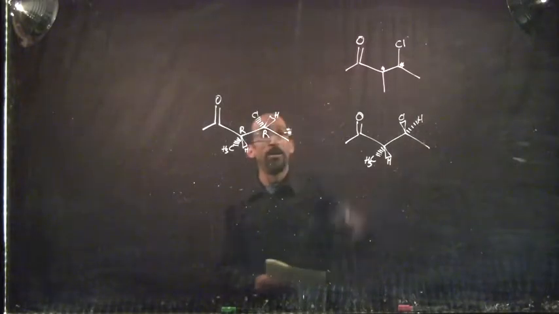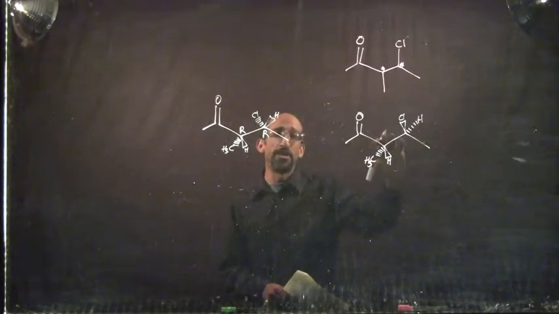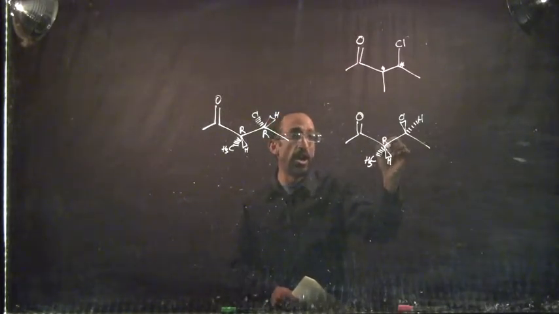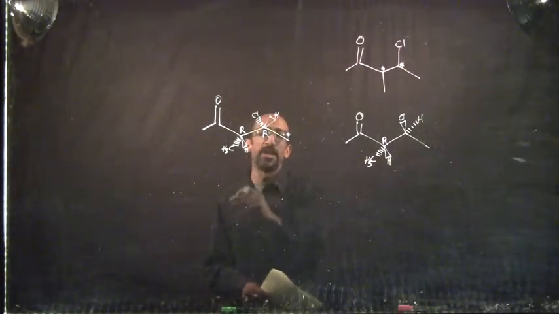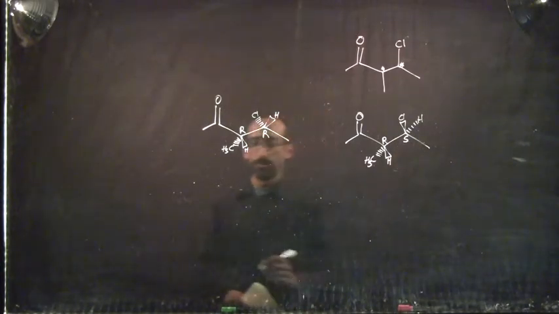And if we assign our stereochemistry, we can see that we held the methyl group stereocenter constant, it stays R. However, we've swapped the stereochemistry at our chlorine stereocenter, so it has now become S.